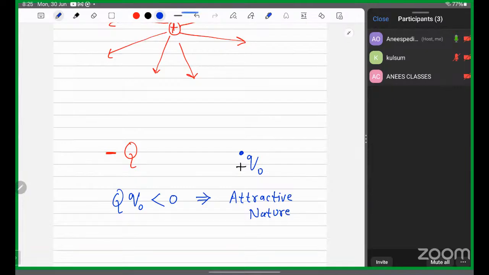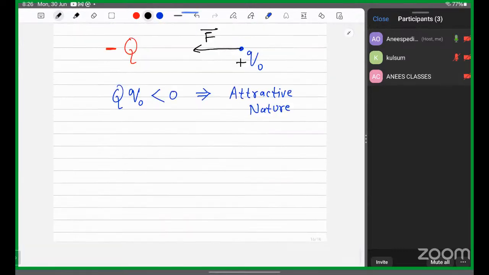Now what will be the direction of force? Towards Q, capital Q I mean, or away from capital Q? If it's attractive, towards, because it will try to attract the charge Q naught. Yes. So this will be the direction of force in this case. And due to the direction of force, we can also comment on the direction of electric field E, which will also be in the same direction. So if you look at the electric field E in this situation, it is going towards charge capital Q, which is with negative polarity.